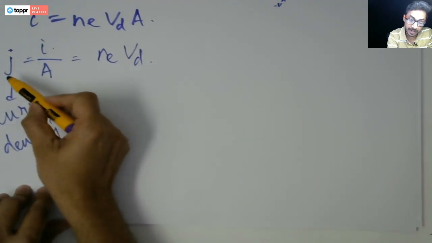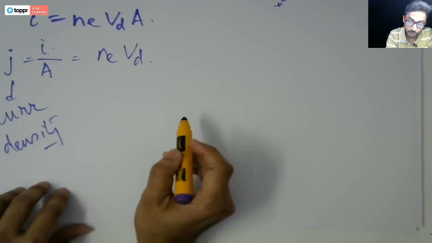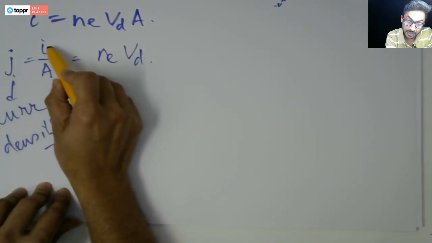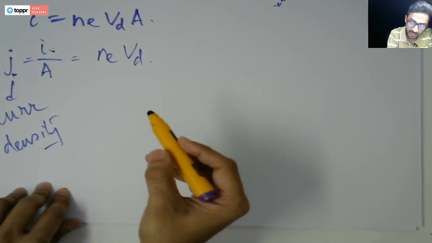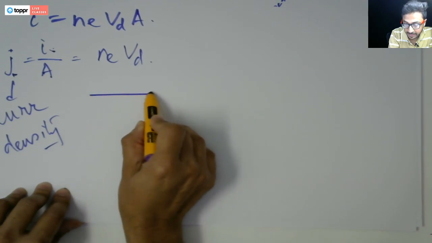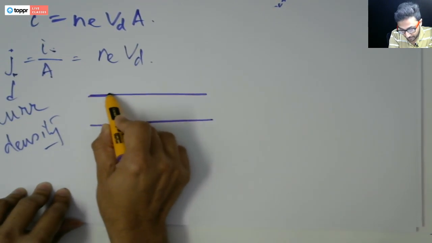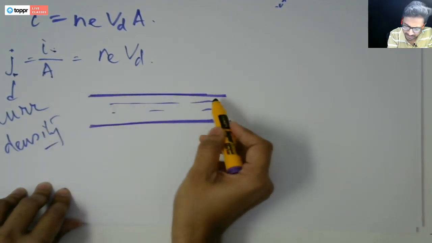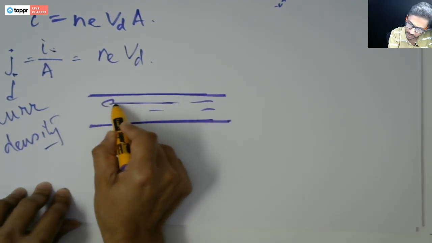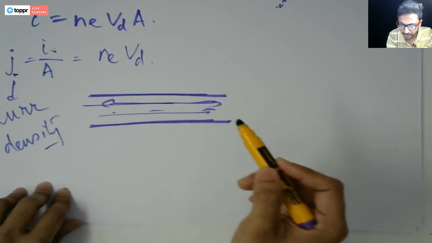Now let us explain this current density in a little bit more detail. What we understood is that current density is I by A. Let us say in this metallic conductor, electrons are moving in this direction, so current is moving in this direction, right?